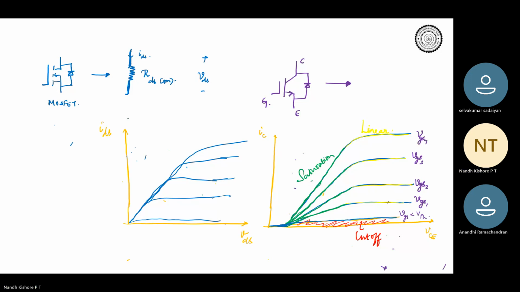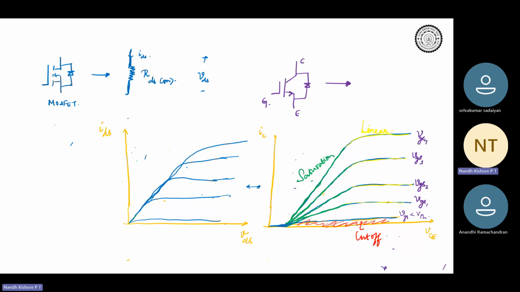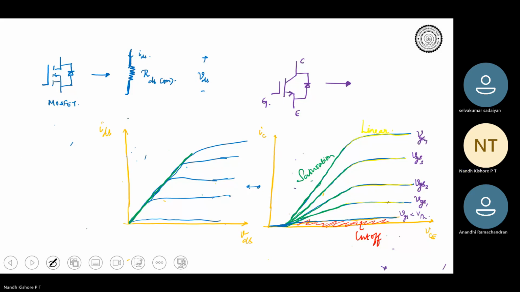Compare this and this. What is the difference you are seeing? There is an ohmic region in both. That is fine. But apart from this, are you seeing any other difference? Any other difference between these two?